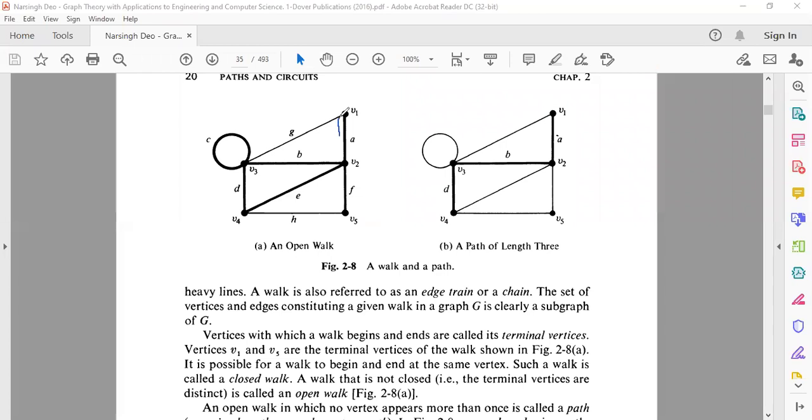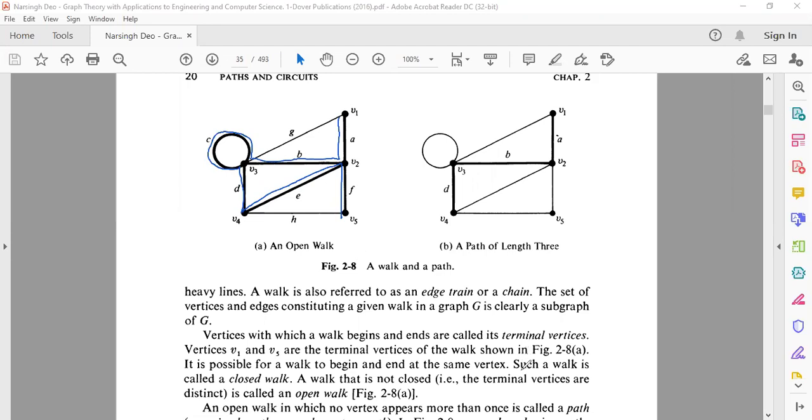If I move along this line, and then along this line, and then if I retrace it, and then come to V4, and then go to V2 and then to V5, starting from V1 and coming to V5, I'm going to get a path over here, because it is a kind of open walk.